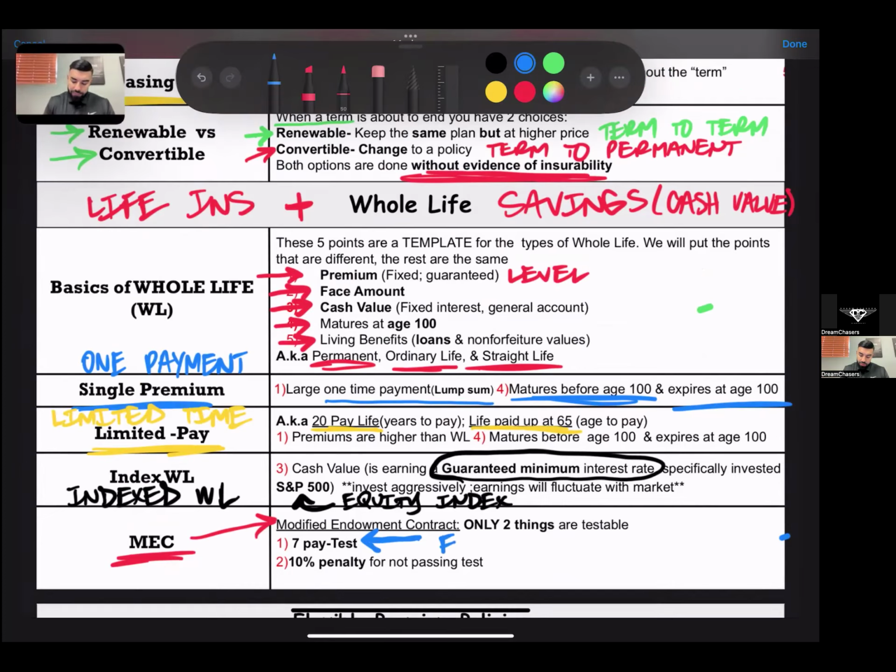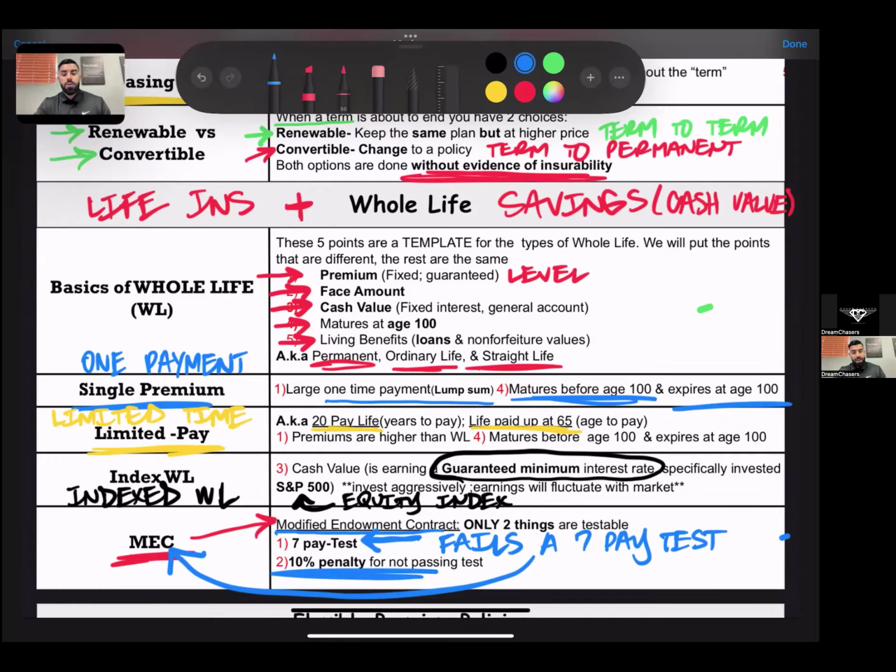Now, if it fails a 7-pay test, meaning they put more money into that policy in those first 7 years, then that policy now becomes a MEC, right? It becomes a modified endowment contract, which what that means is that now it gives the IRS the okay to go tax that money. And basically, there's a 10% penalty for not passing that test. Now the IRS can go and tax that money.